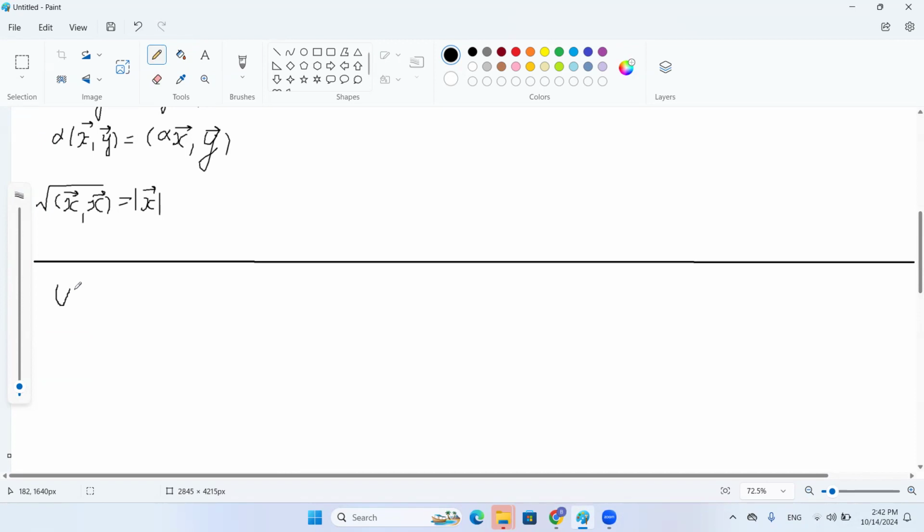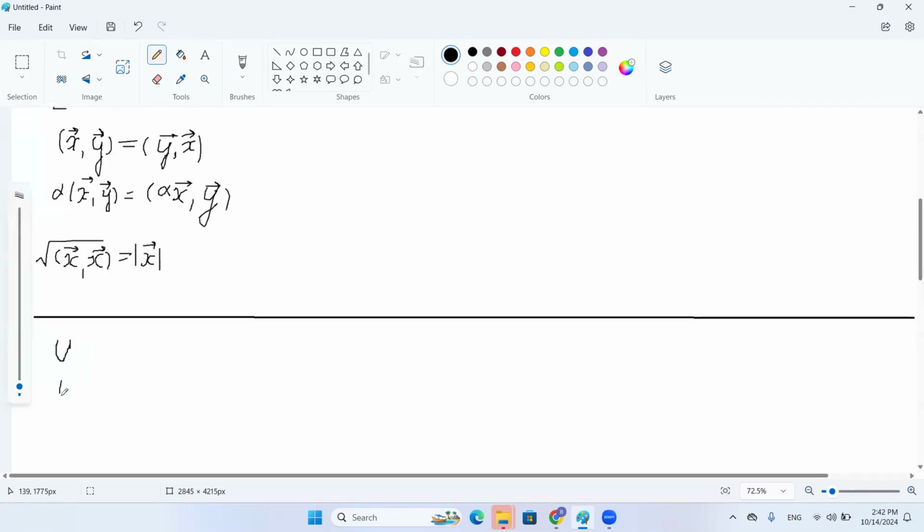So how is it actually defined? Well, it also has a scalar product. And how does it look? So we multiply x.